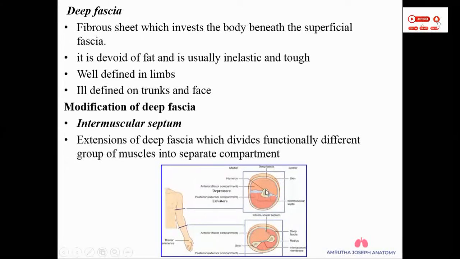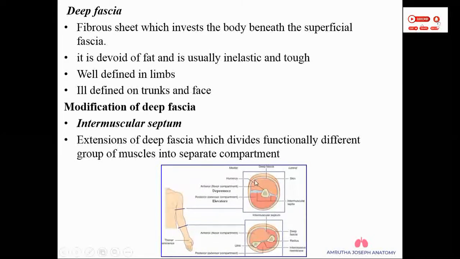Here, the humerus is placed at the center, this area is the flexor surface, and this area is the extensor surface. The extensor surface is the back of the arm. This is skin, just below you have the superficial fascia, and this blue line is the deep fascia.